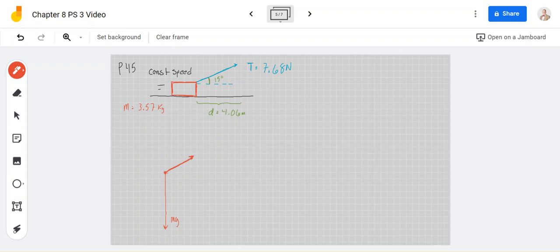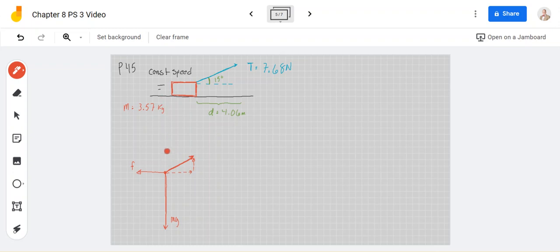Now this rope is pulling to the right and up. Because the speed is constant, we know all the forces are balanced, which is important, which means that there's a frictional force here that balances out the horizontal component.